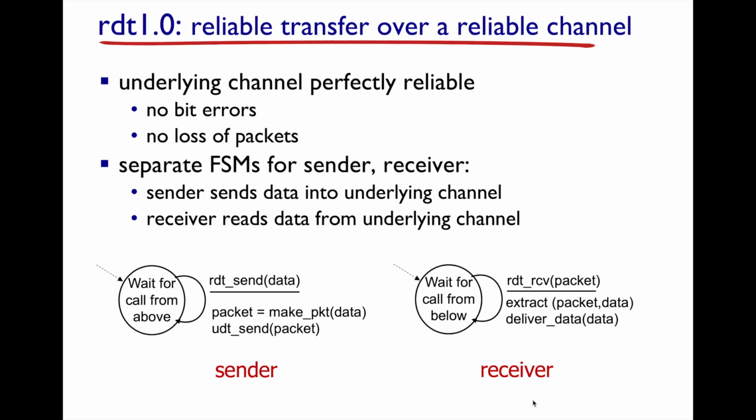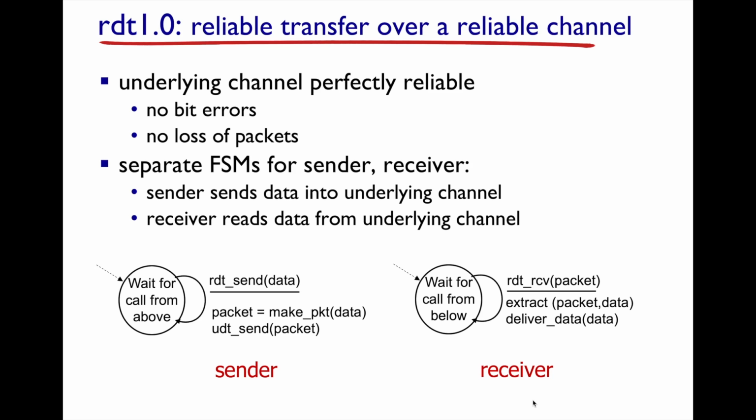Okay, so the RDT send event occurs, and the transport layer on the sender side receives the message data from the application layer above. And so what does it do? Well, it creates a packet from that data, and this make packet connotes the action of creating a transport layer segment.